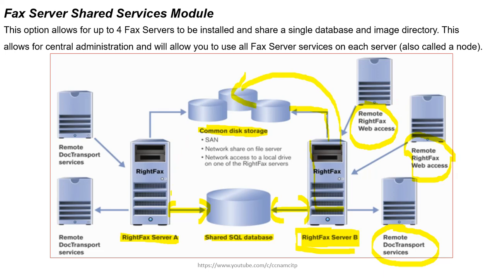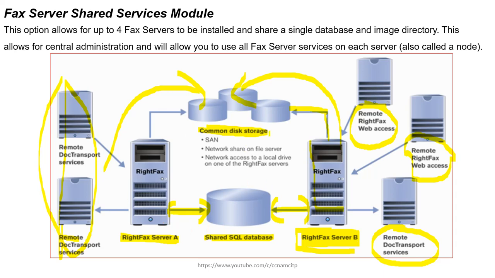And same here, I am using RightFax server A for the remote desktop transport service and remote doc transport service, so I'm using two services on this side. Whatever faxes are coming and going can be stored on a single common disk storage, and can share the same shared SQL database for this entire process.